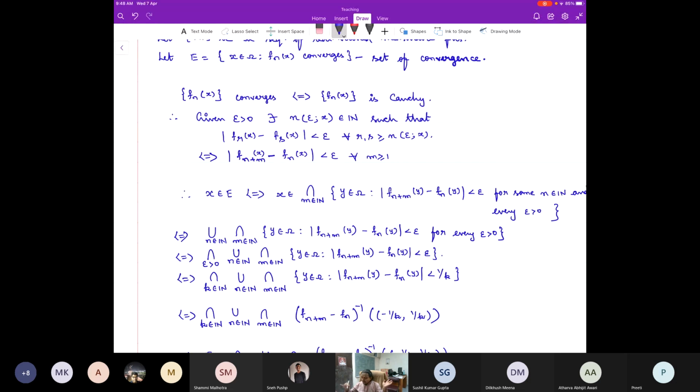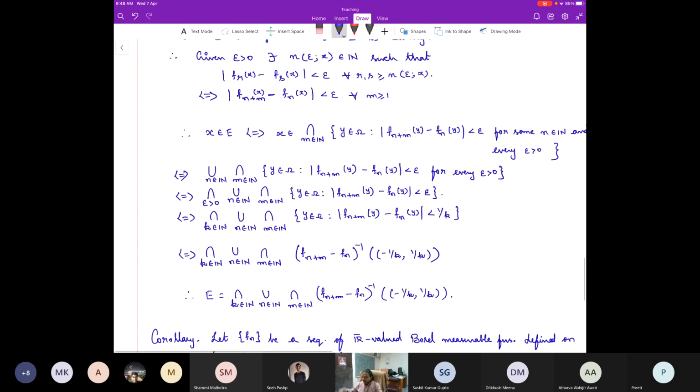So union over n and m, same thing. Now again, this is true for every epsilon positive. Once you know that this is true for all epsilon, you take the intersection over epsilon. Now, instead of choosing all epsilon positive, because of the Archimedean property, it's enough to do it only for 1 by k. And that's exactly what I've done.